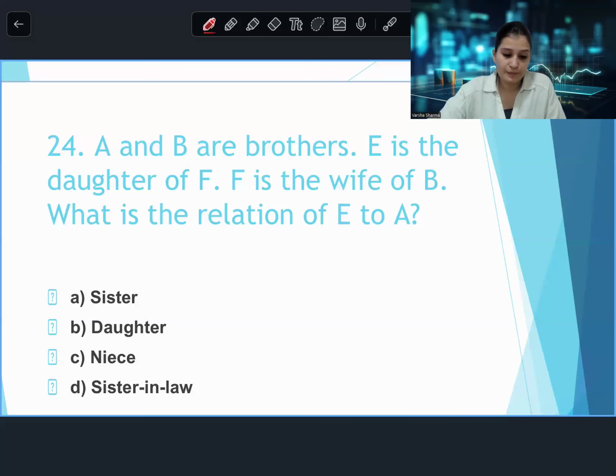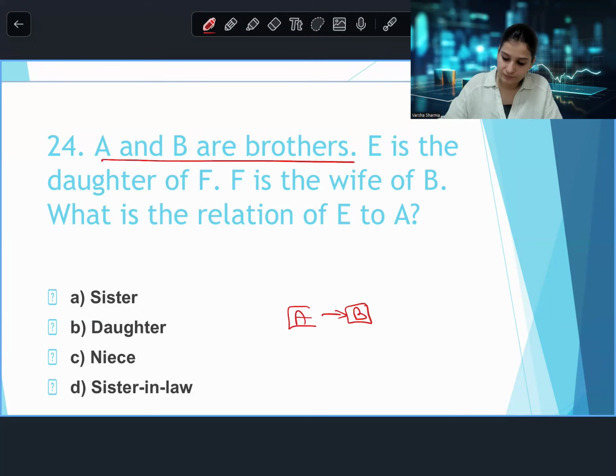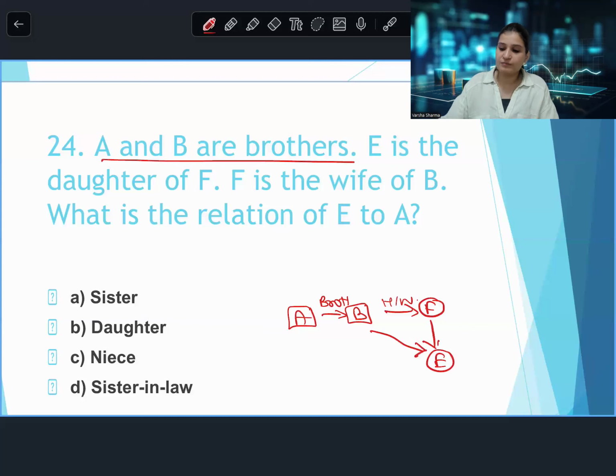24. Niece. A and B are brothers. F is the wife of B. E is the daughter of F. So B is also the father.